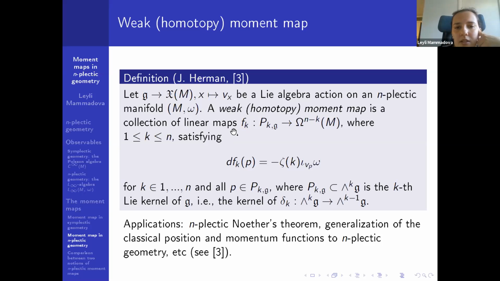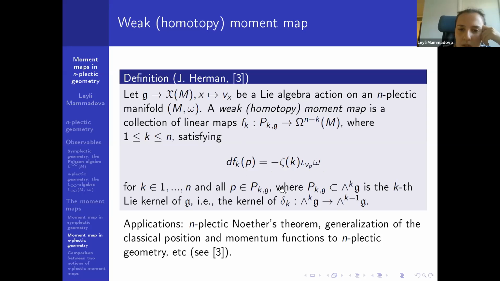It's a collection of linear maps from this space right here into the differential forms on the manifold. And again, we have precisely n maps, and they satisfy the following equation, where zeta k again is just a sign.